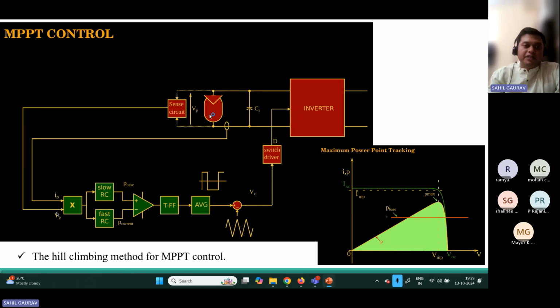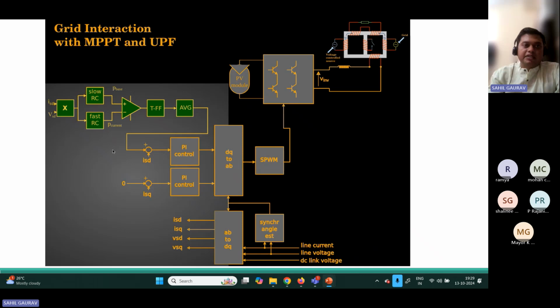This is the MPPT control using the hill climbing method, and this is the block diagram for the hill climbing method. Next, coming to how you can combine MPPT and unity power factor in the basic control diagram for this inverter control. In the ISD reference, you give the current reference of MPPT, which is tracked by the hill climbing method.